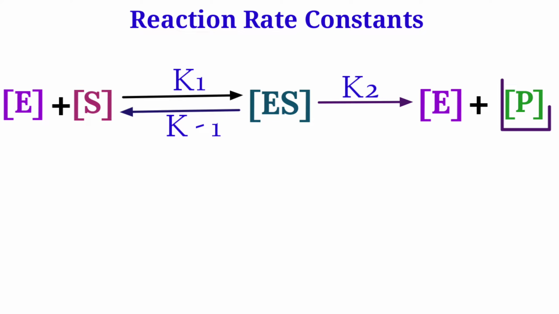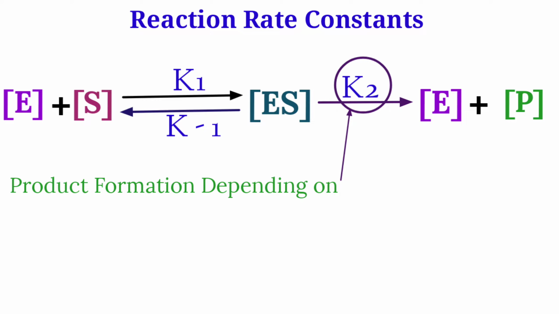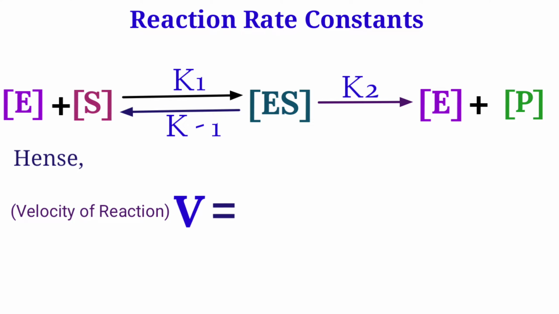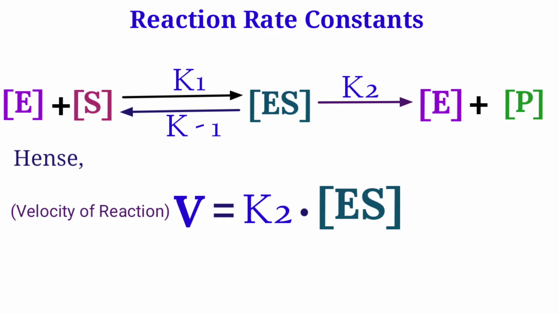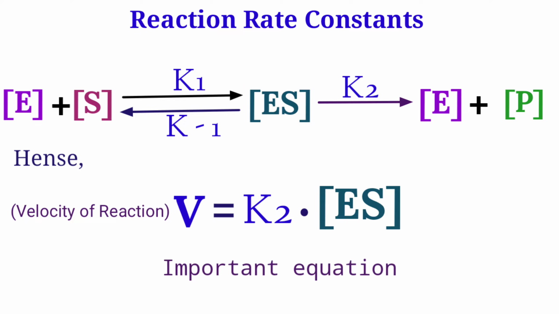Product formation is always the main aim of that reaction. So the product formation is dependent on the K2 rate constant. Hence the velocity of reaction is nothing but the product of K2 and the enzyme substrate concentration, which is a very important equation, and we will represent this as equation number 1.